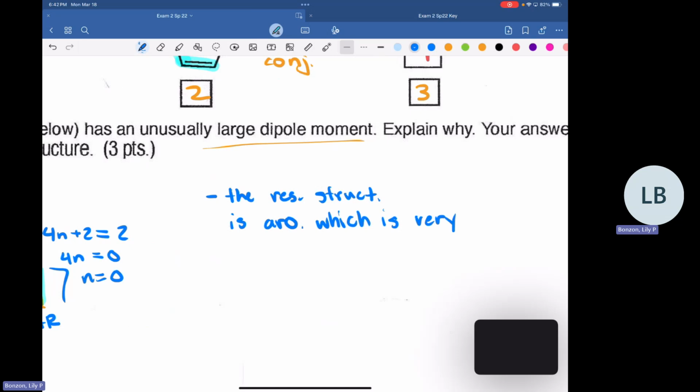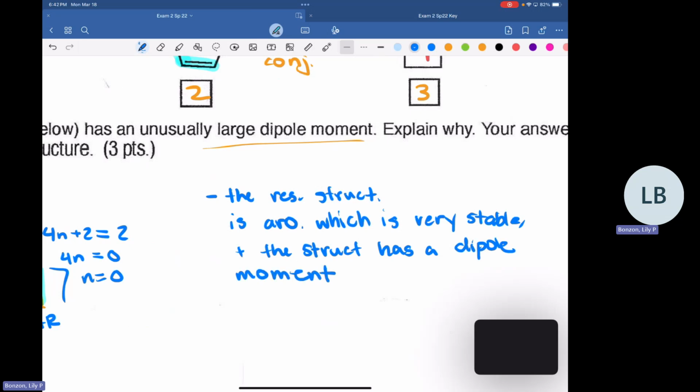And the structure has a dipole moment. That's where the structure has a charge, and that's where the dipole moment is coming from.